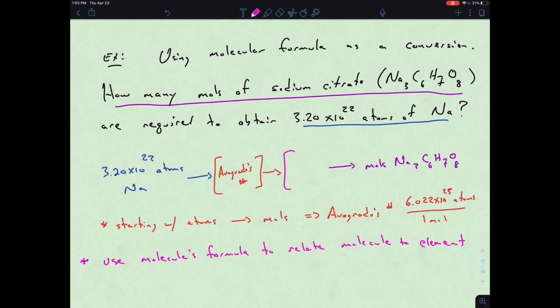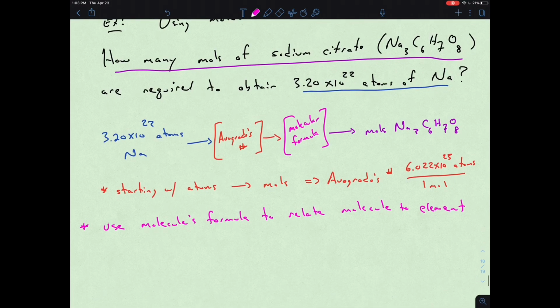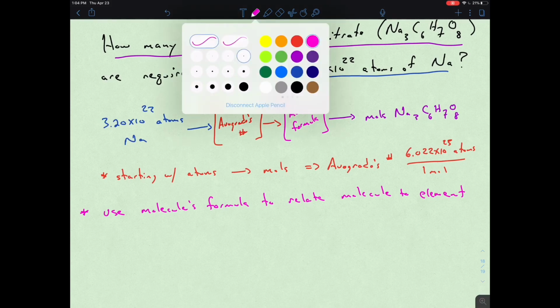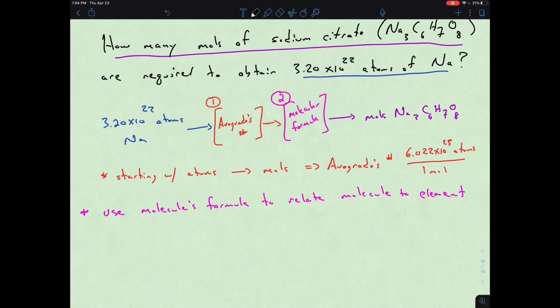So we would be going somewhere in here, where we're now using the molecular formula to help with that process. So we could have step 1 using Avogadro's number, step 2 using this formula, and then we are at our answer as far as moles of sodium citrate.